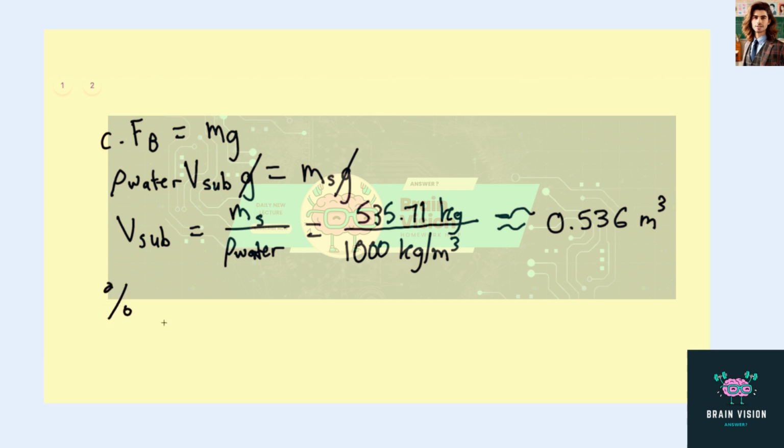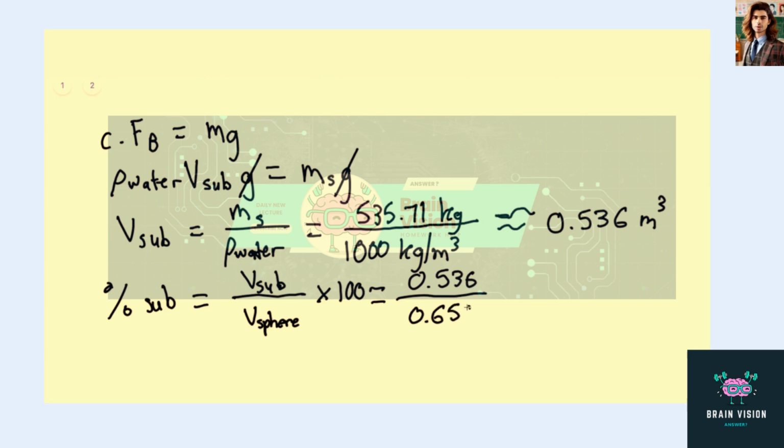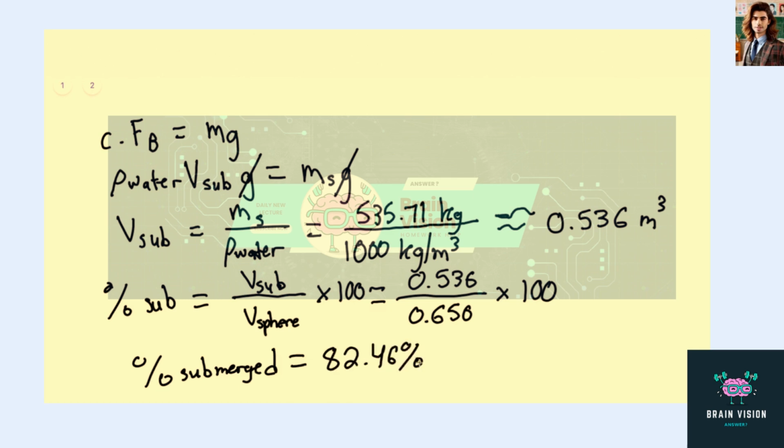The percent submerged is simply going to equal the volume submerged divided by the volume of the sphere times 100. And this is going to equal 0.536 divided by 0.650 times 100. And the percent submerged would be equal to 82.46%. So this is the answer for part C.